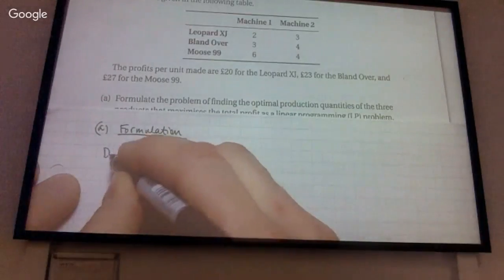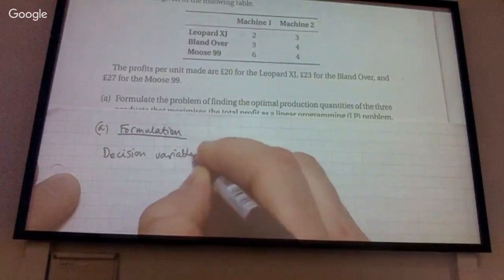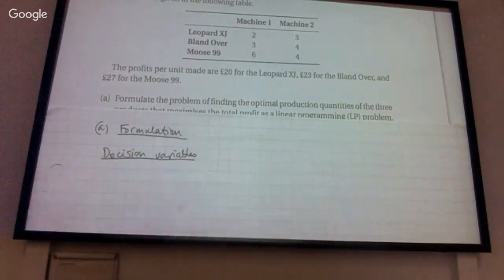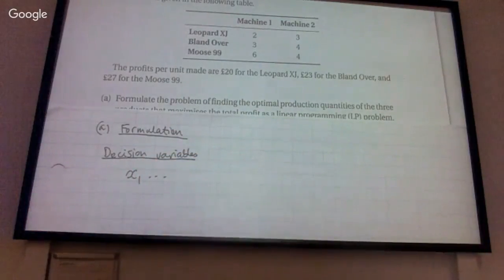So often, and I've seen a couple of examples like this here, you don't want to write x1 is Leopard XJ, because a Leopard XJ is a car or a toy, and x1 stands for a number. So you should say what quantity x1 represents. If you just write Leopard XJ, you don't know what it is.